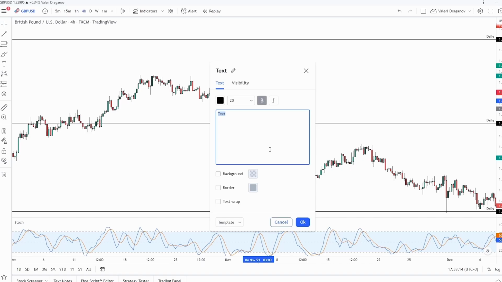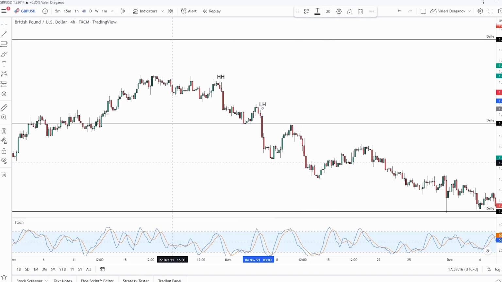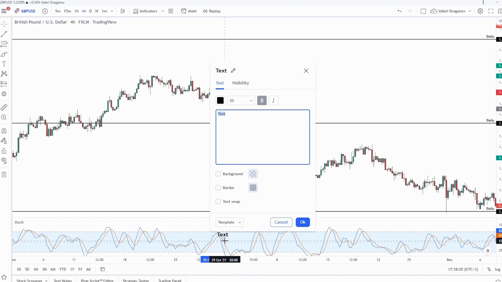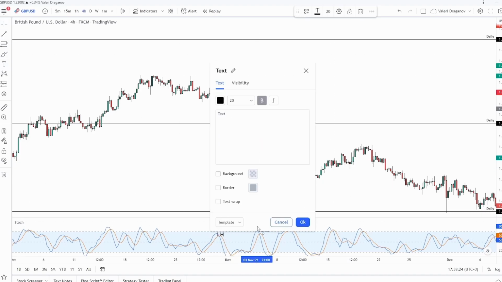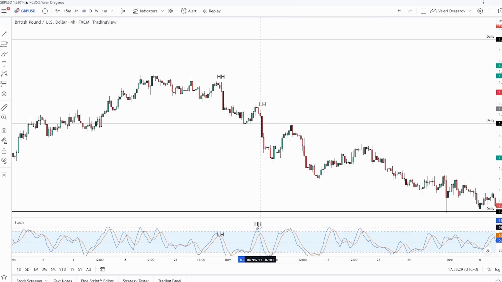Then we have a lower high. But on the stochastic, we have a lower high and a higher high. This tells us that the price is overbought at the moment and maybe a fall of the price is coming.